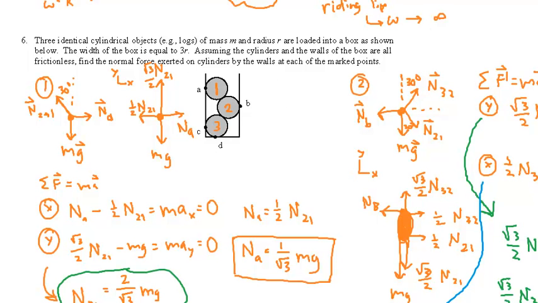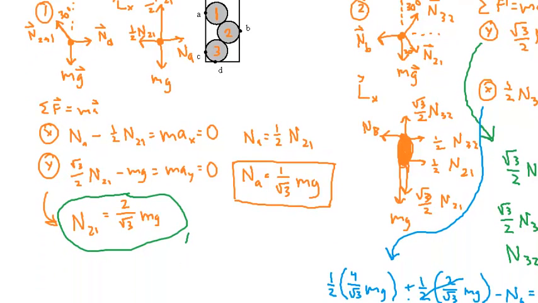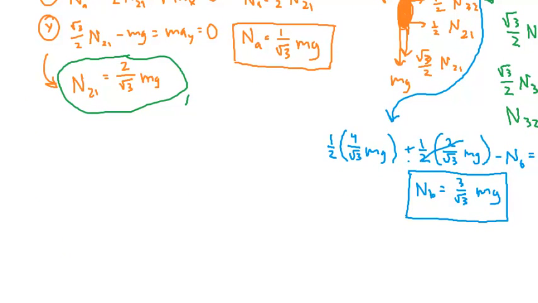And so what that gets us is that NB equals, and this is going to turn out to be a cancellation, 1 over root 3. This is going to end up being 2 over root 3. So it's going to be 3 over root 3 mg.